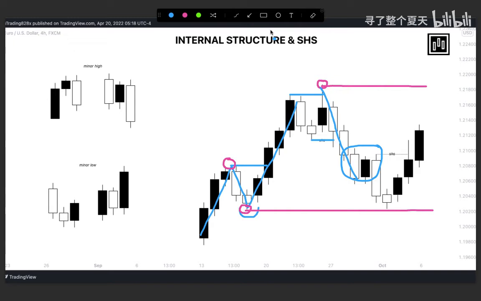What is it that we have around that area there? A pause in price. Okay, pause in price. A minor high. Good. We have a minor high here.